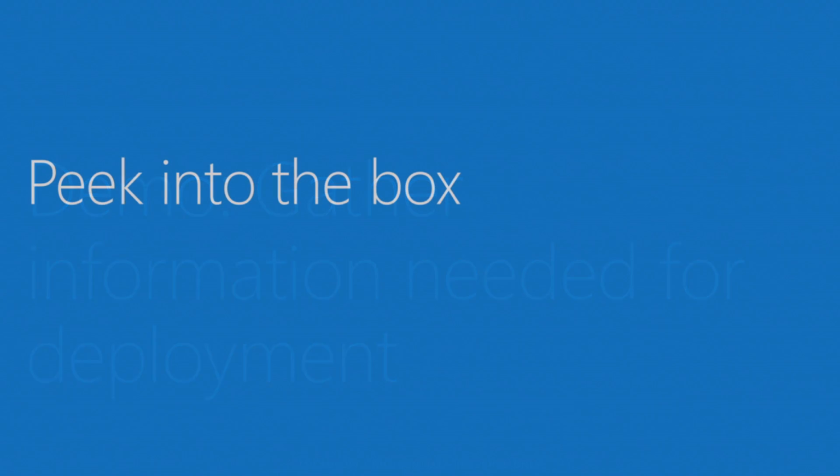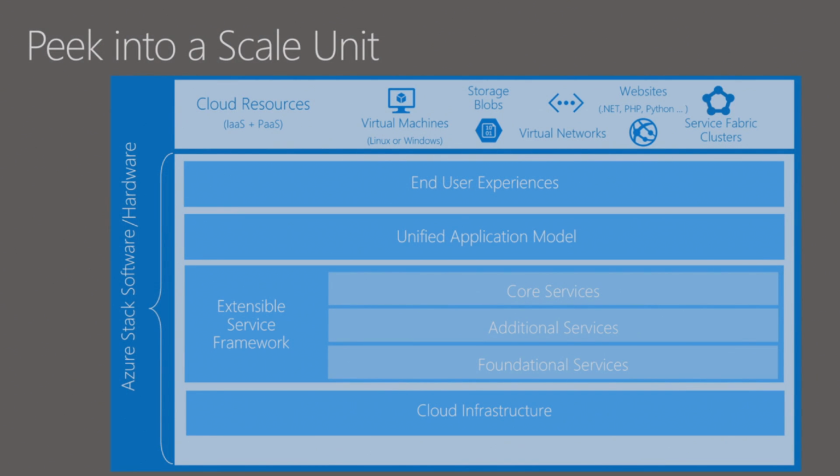All right. So now let's go into the box a little bit to see what's there actually inside the box, right? So logically, there is an end user experience, there is a portal over which the services are offered. We have the unified application model, which is exposed through Azure Resource Manager, and then you have an extensible framework into which services are deployed.